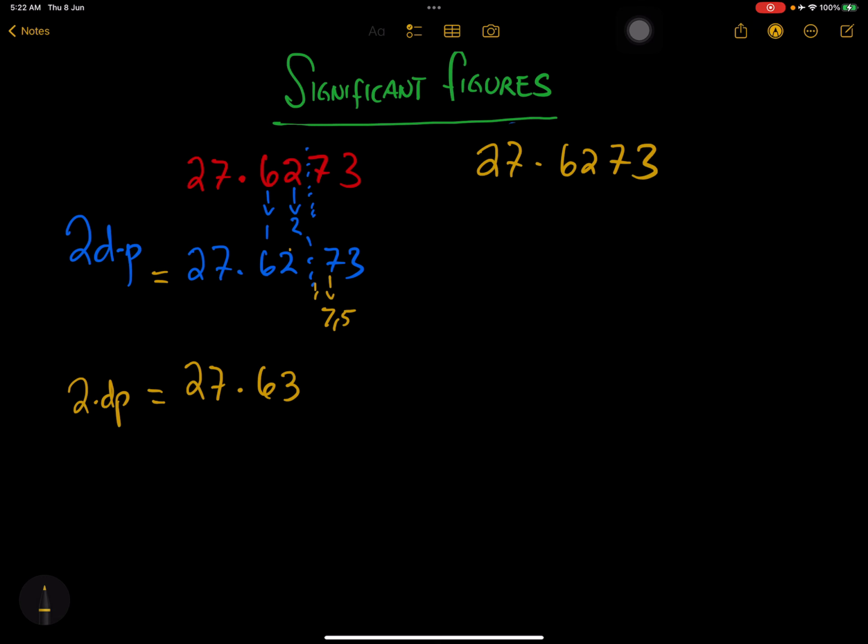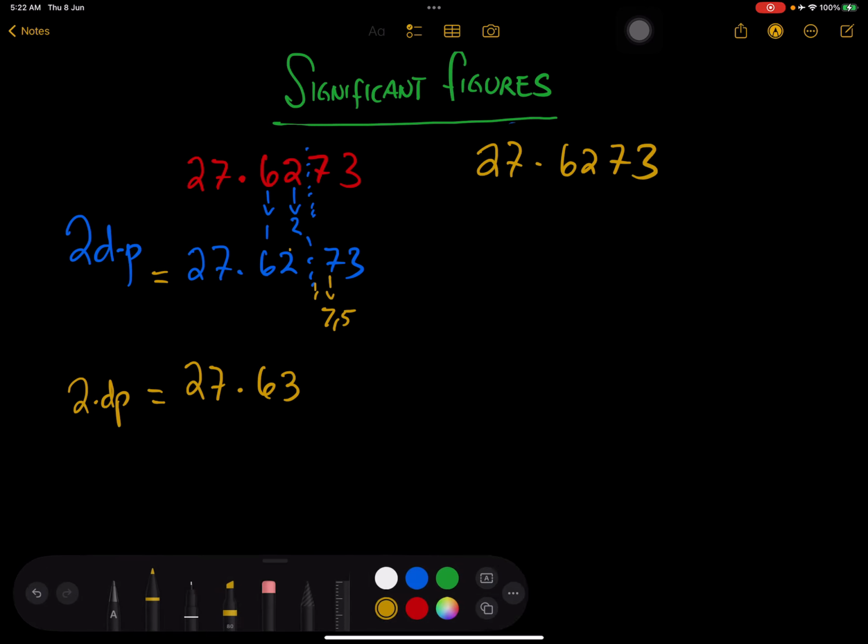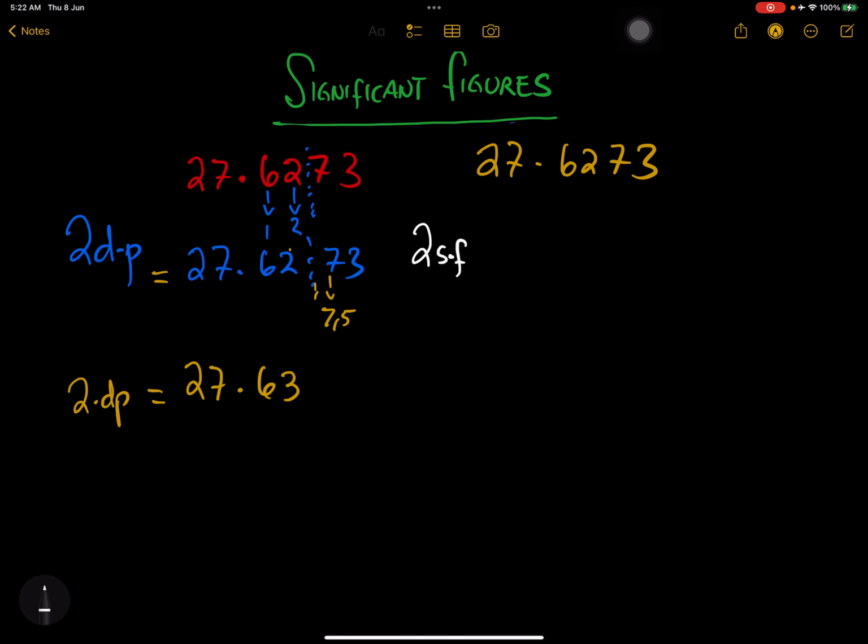What about the same number, 27.6273? And we are being asked to write this number in two significant figures. How are we going to write that? Can someone tell me? Remember, we said this was the first decimal place.